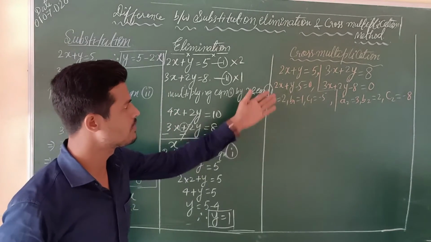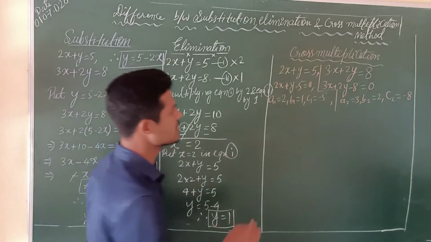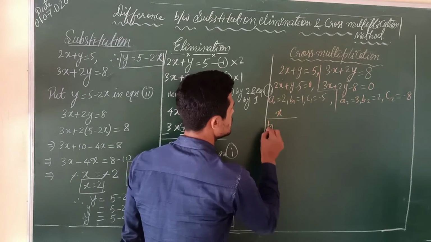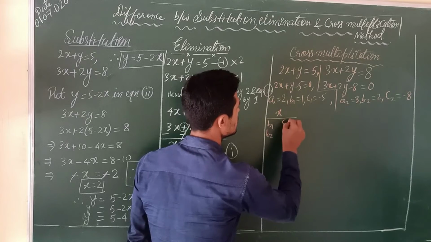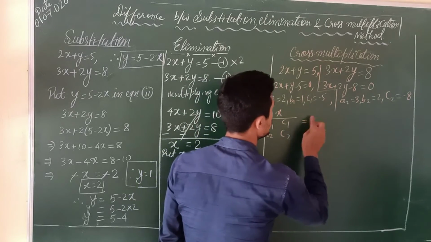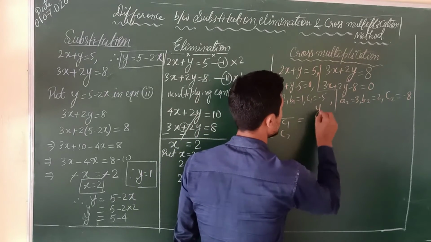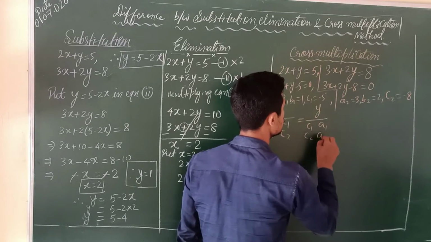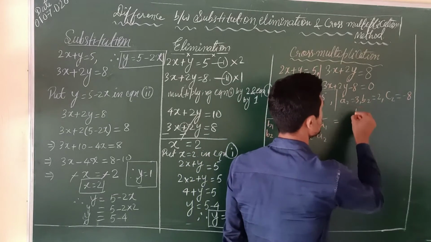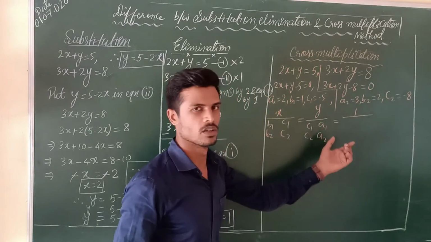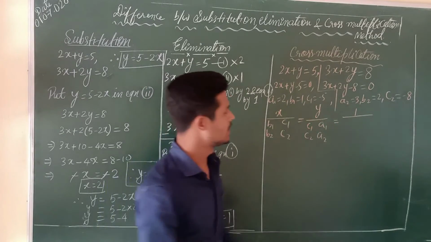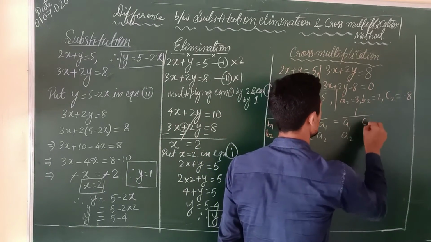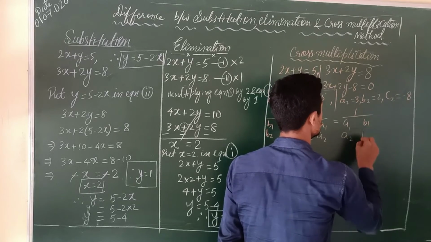The formula from cross multiplication is x upon b1, b2 and c1, c2, equal to y upon c1, c2, a1, a2, and for c, which is a constant, we will put 1. That is a1, a2, b1, b2.